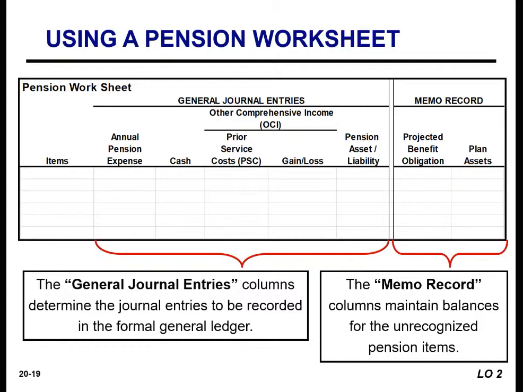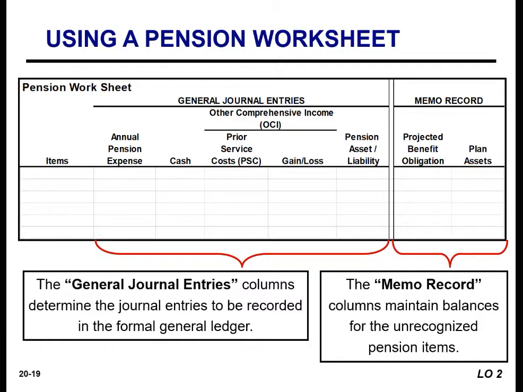This is the basic format of the worksheet. It separates the left side, the general journal entries columns, which determine the entries to be made in the formal general ledger.